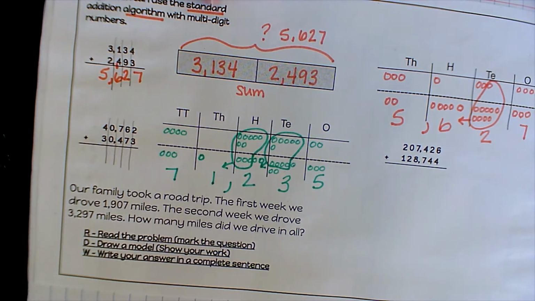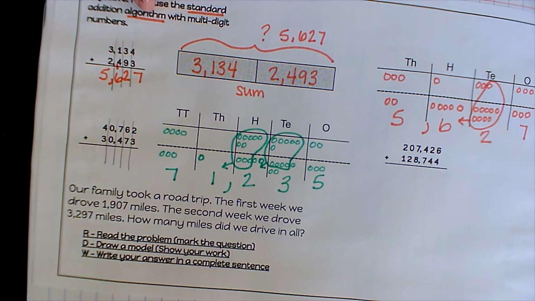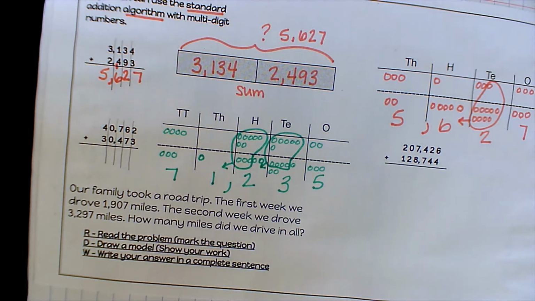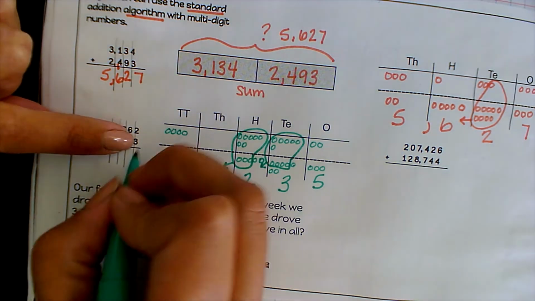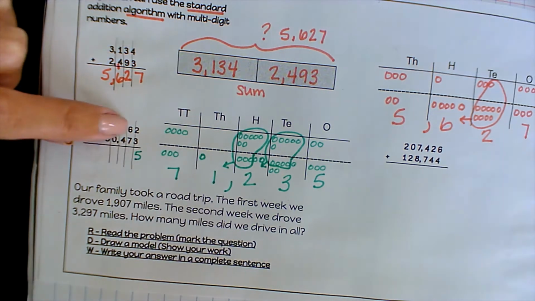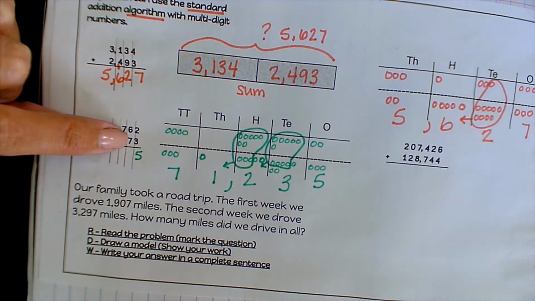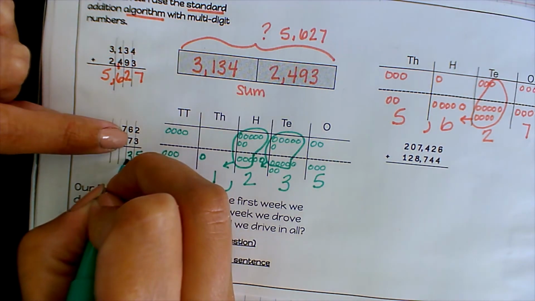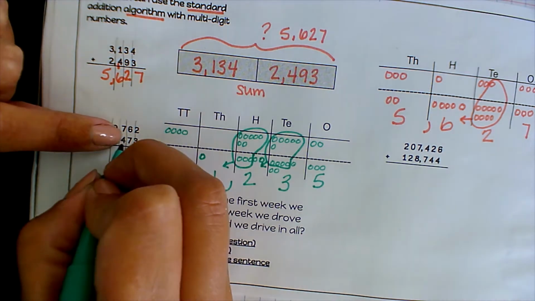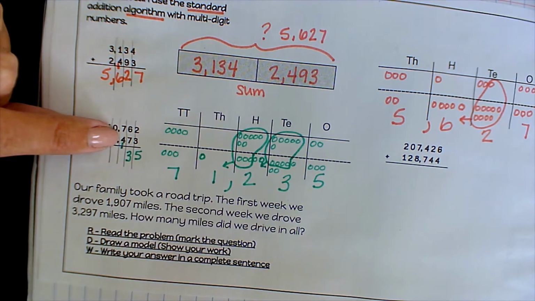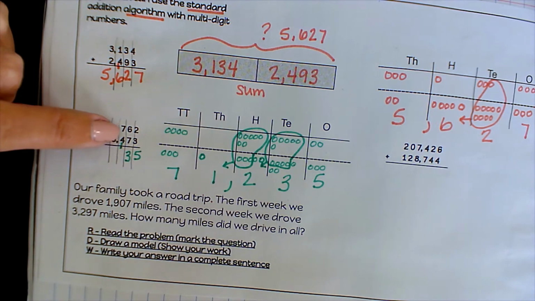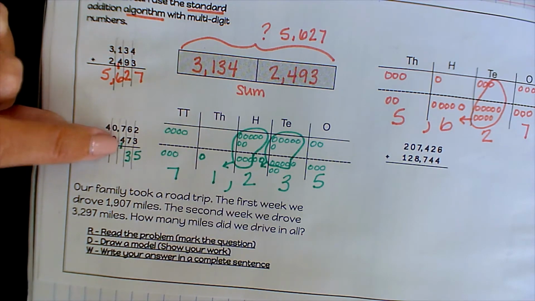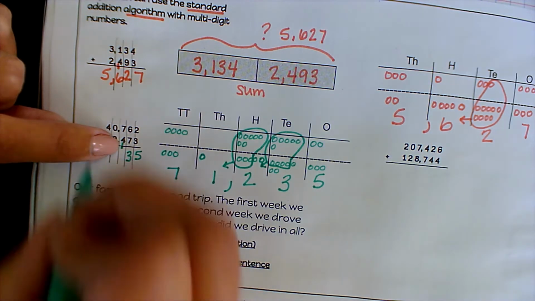Remember, those were in our objectives. That word of standard algorithm are our fancy math words today. So just like we did before, 2 plus 3 in the ones is 5 ones. 6 tens plus 7 tens, I remembered, was 13. 3 tens remained, and I bundled and I regrouped it into one of my new hundreds. So I regroup on the equals line. Then I can add 7 plus 4 plus 1 in the hundreds.